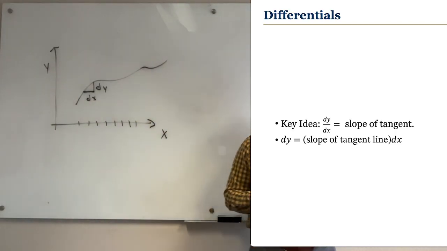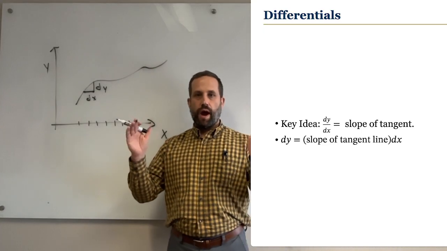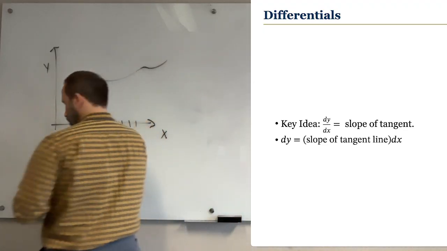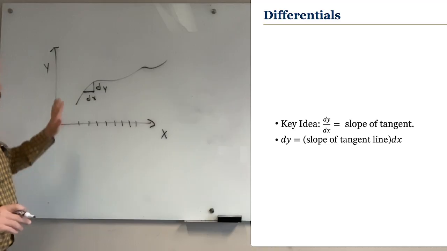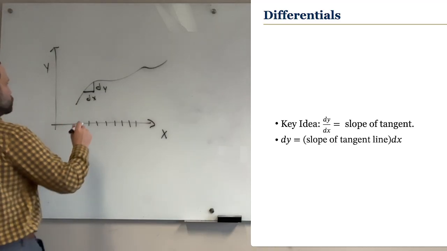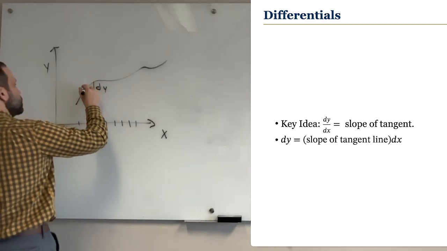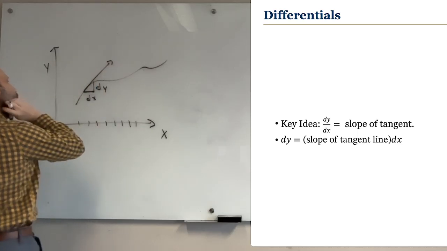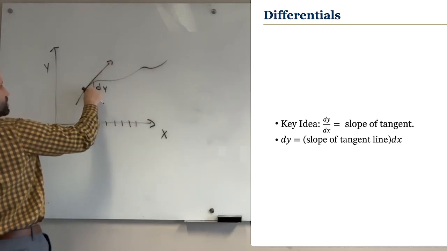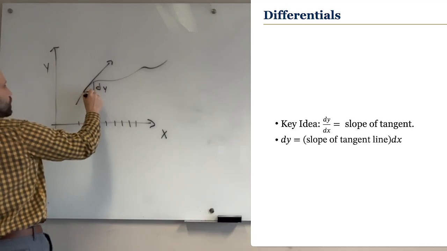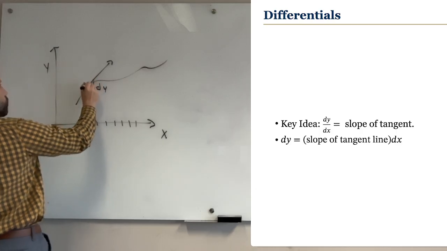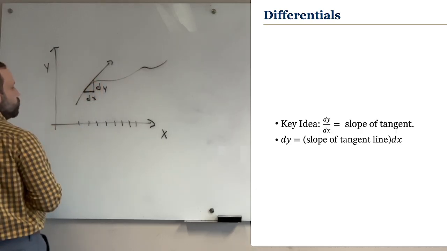Well, the key idea is that dy dx, dy divided by dx, is the slope of the tangent. I drew a triangle similar to this in the previous video, so I won't draw the whole thing again. If we have this tangent like this, then this distance right here is dy, but really if we extend it a little bit, we can consider this whole leg there as being dy as well.